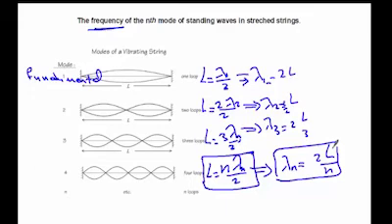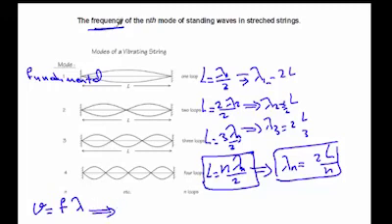Now, to calculate the speed of a standing wave, we use our general equation for the speed of a wave, v equals f lambda.